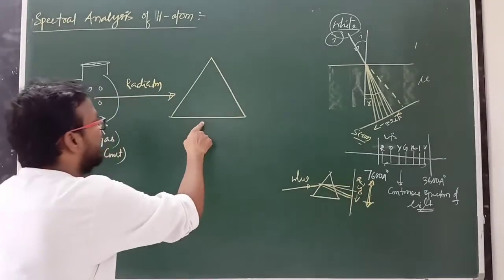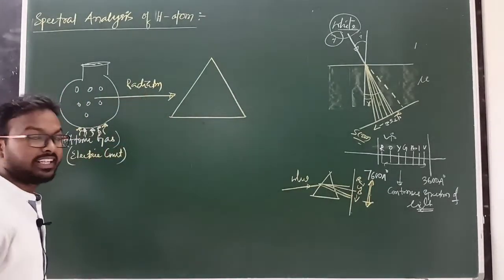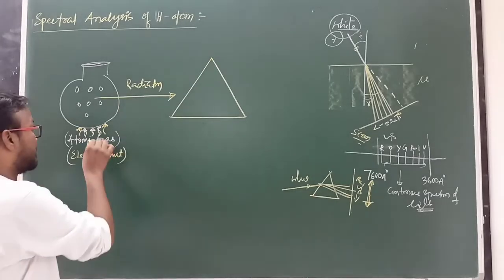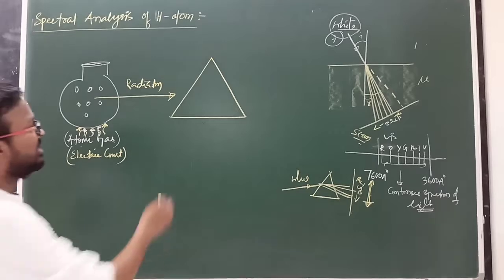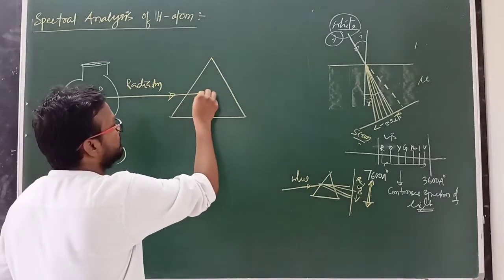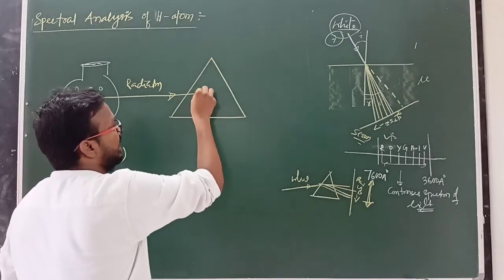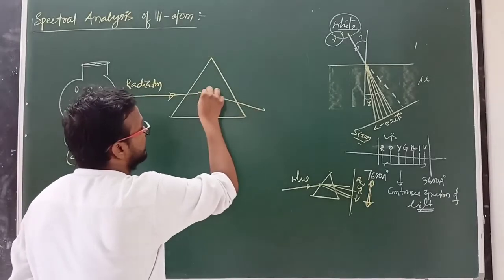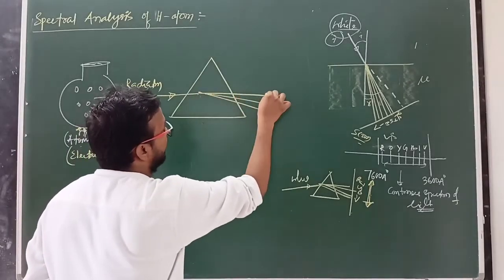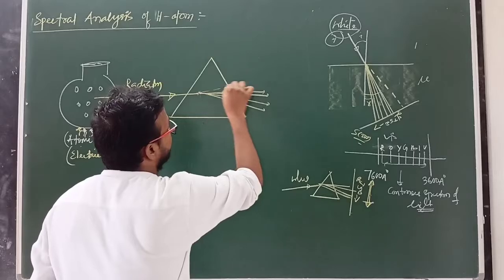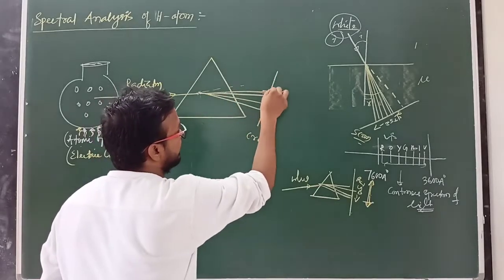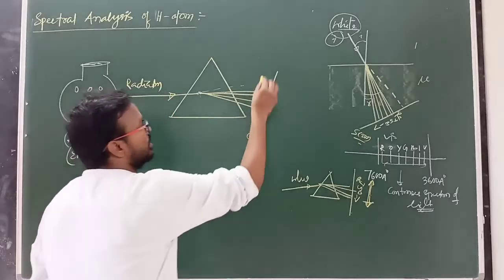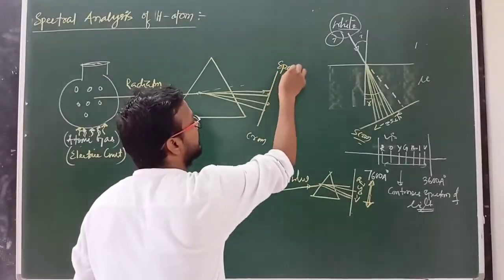But here this light is not white light; it is radiation after heating the atomic gas by electric current. Clear? It passes through this prism and again splits into different colors like this.